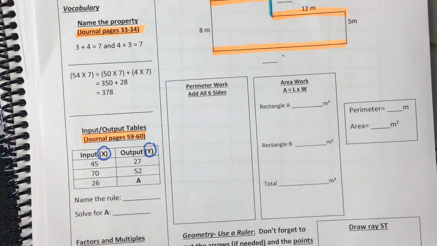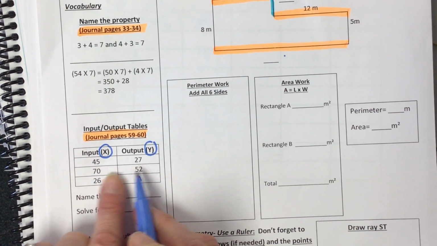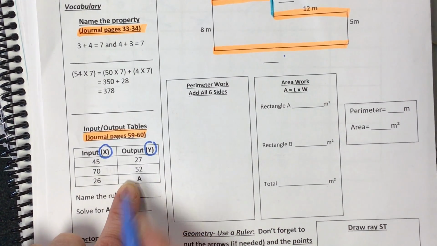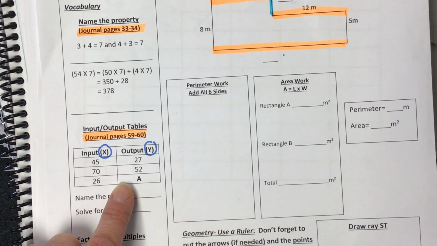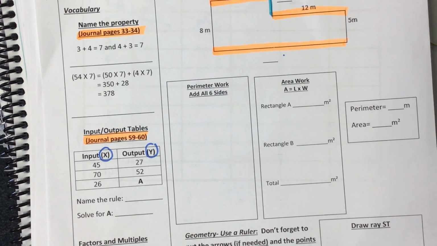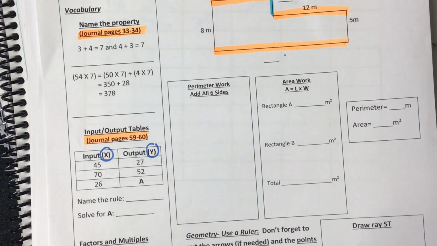What is the rule? What is happening to go from 45 to 27 and 70 to 52? What is happening? Ellis? 28. Not 28. 28's not even a thing. You have to add, subtract, multiply, or divide a certain number.